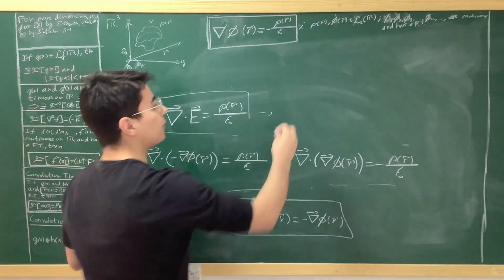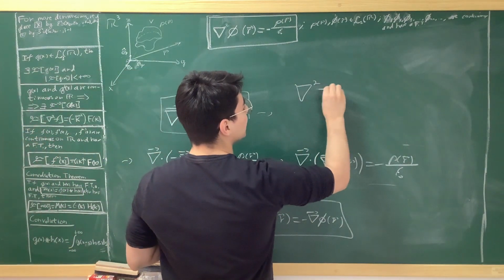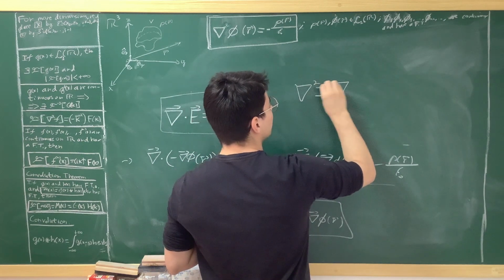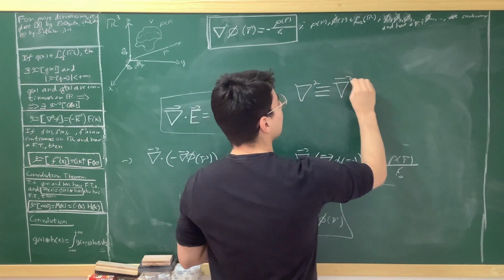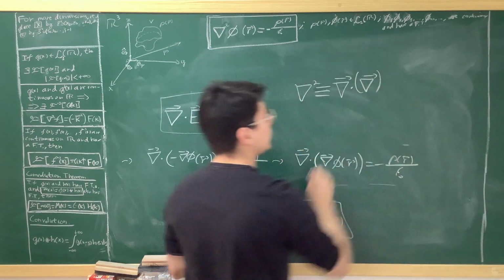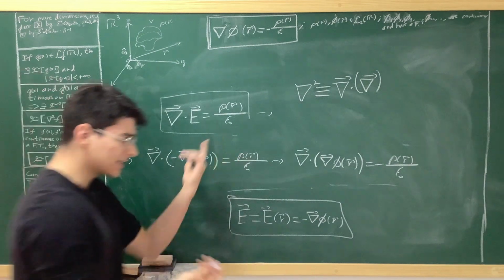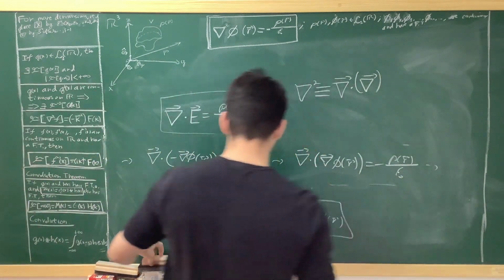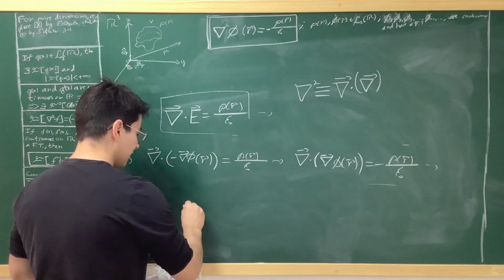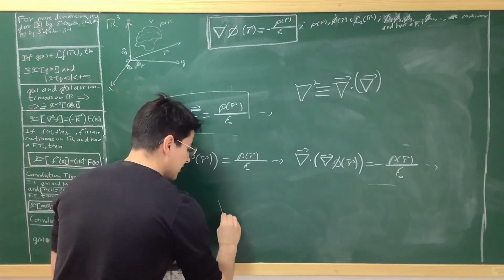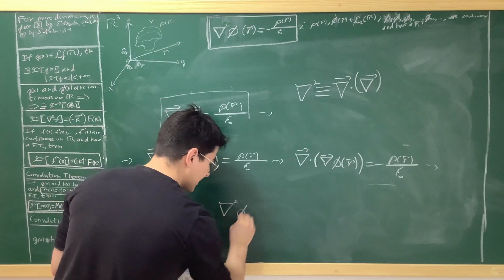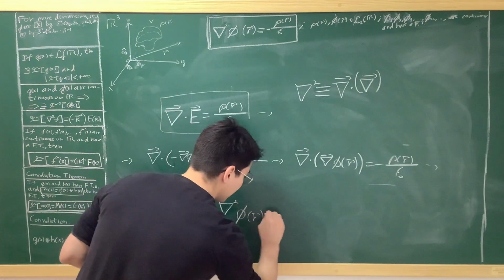And as I said before, the Laplacian is just defined by the divergence of the gradient. So this can just be written as the Laplacian of this scalar function phi of r.